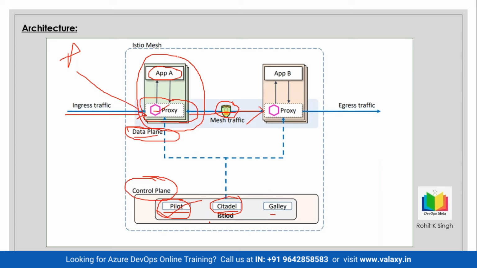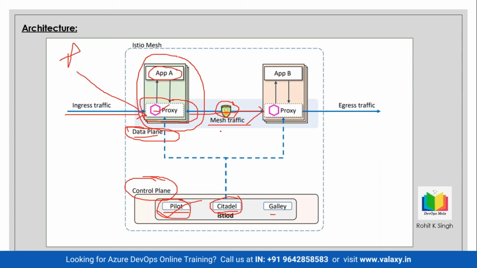Citadel is responsible for providing keys and certificates for secure communication between services. It also provides strong service-to-service and end-user authentication using mTLS. This mesh traffic you see, Citadel is making sure it provides end-to-end authentication using mTLS. mTLS is nothing but mutual Transport Layer Security.